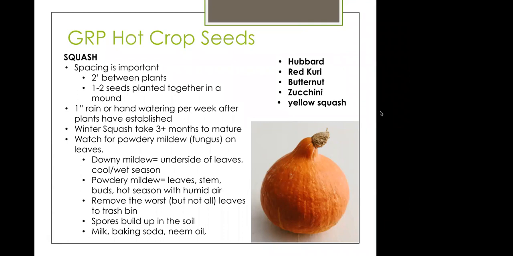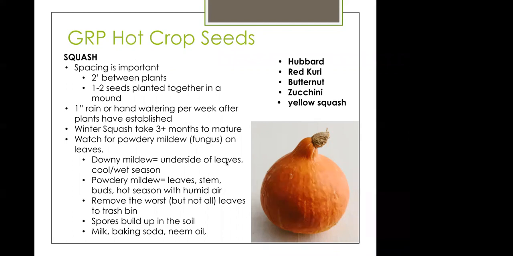What I want people to be able to take away, and how I'm going to be structuring what I'm going to be talking about with the plants: I'm going to go from spacing to maintenance to harvest, talking a bit about pests and diseases and some post-harvest things, and also some seed saving as well. Okay, so those would be the main topics I'll be covering.